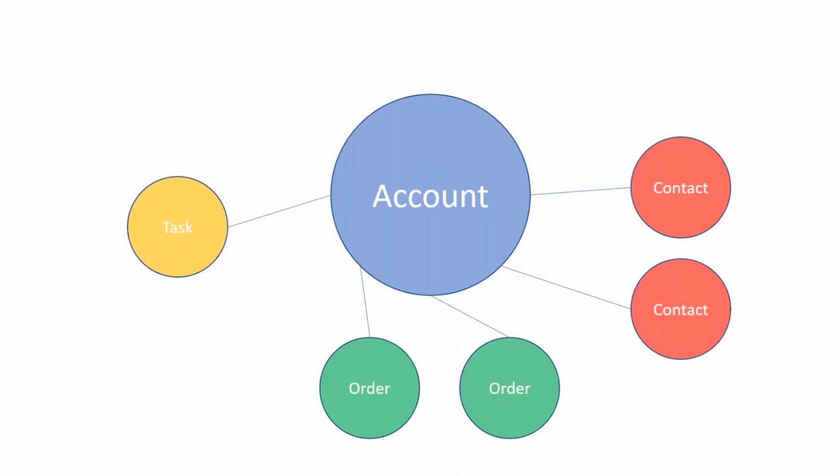We also looked at the life of entities. Think about salespeople, right? They work with accounts, companies, but just the company info is not enough. There is a lot of other info they need, like who is working at that company, what orders we have from that company, what are the tasks we need to do.